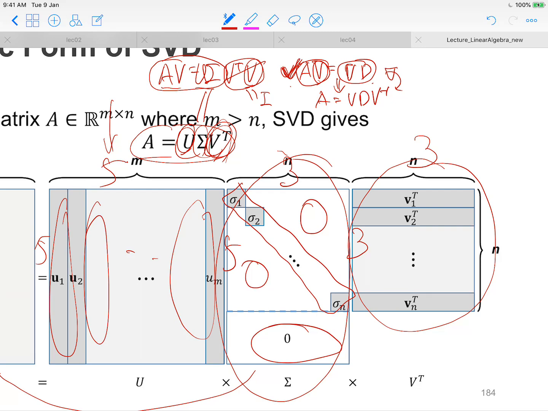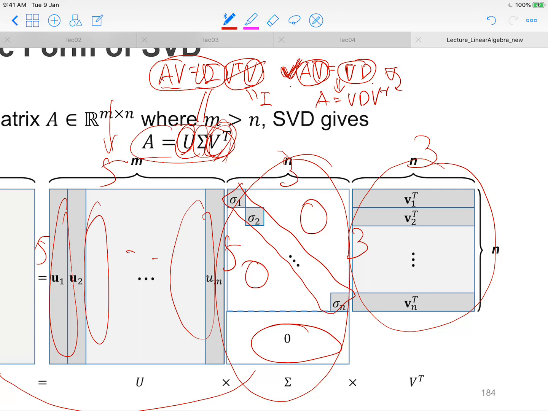And what if we have a diagonal matrix in the middle? Those diagonal elements work as scaling factors for the first outer product, the second outer product, and so on, right? That is the intuitive role of this diagonal matrix.